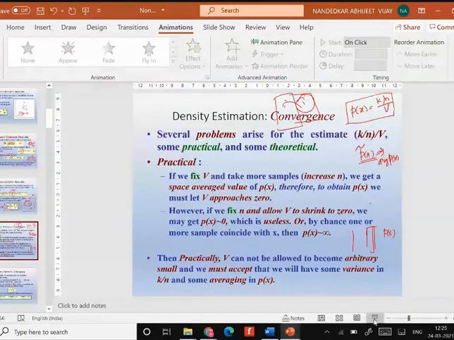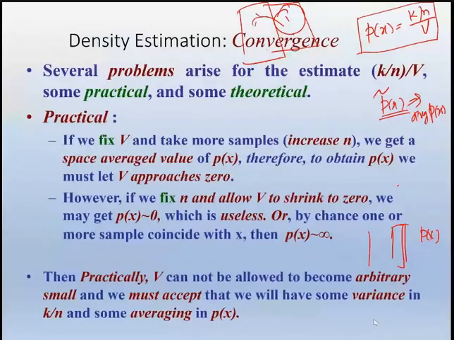Okay, so if we fix this volume, then there will be some averaging effect in the estimation of this probability density p of x. Now, however, if we fix n and allow v to shrink to 0, we may get probability of x equal to 0.